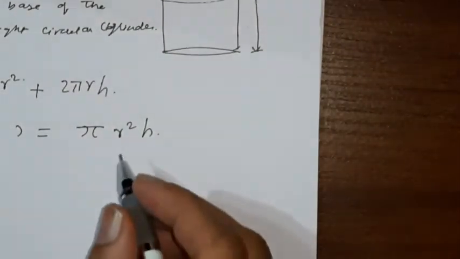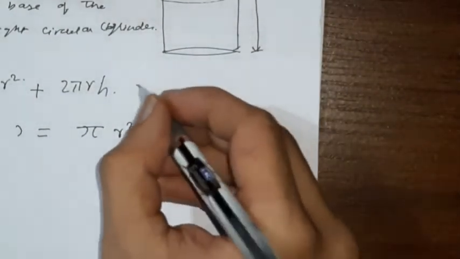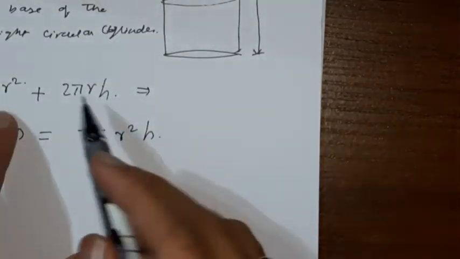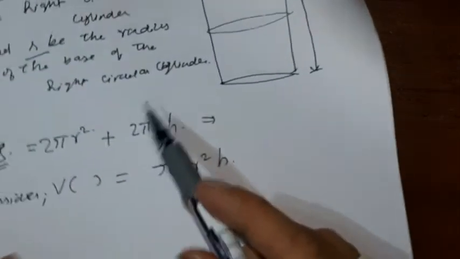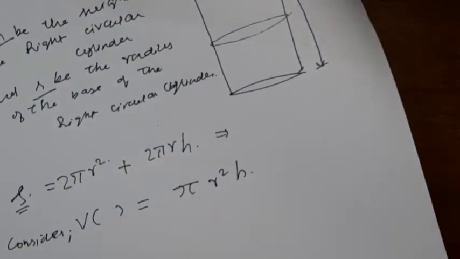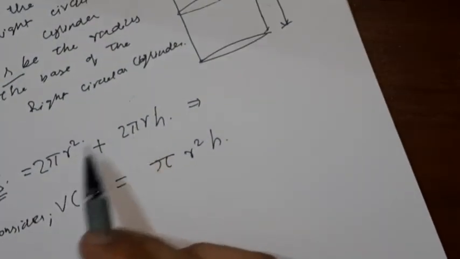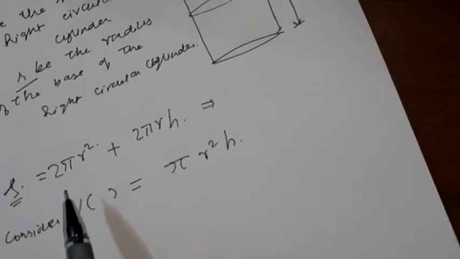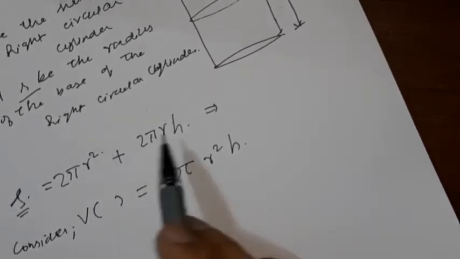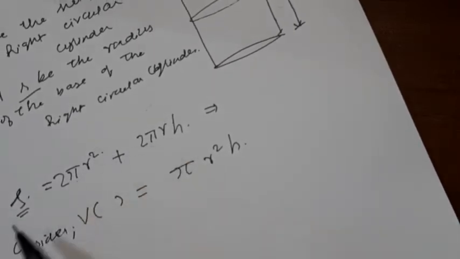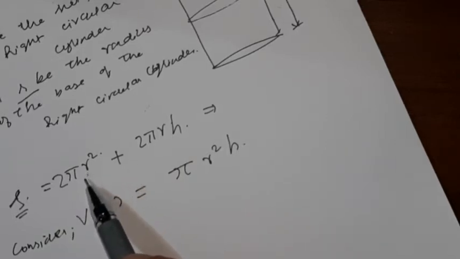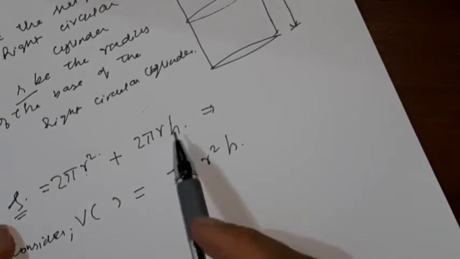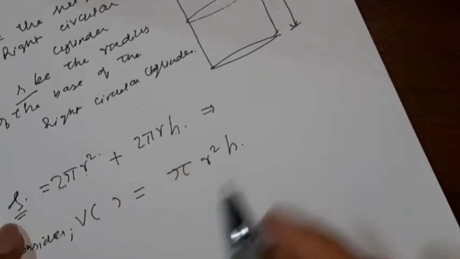Now you have to decide which variable to write in terms of the other. It is difficult to write r in terms of h, because r square is there, you will get a quadratic equation and then you have to solve for r, which will be difficult. So write h in terms of r.